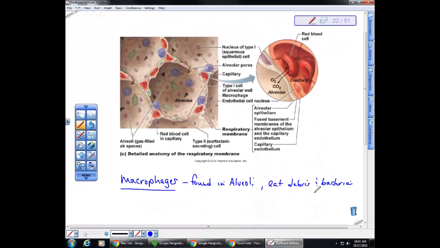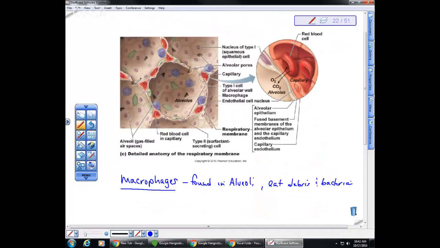Okay. So this diagram, you should be able to identify the macrophages. So these are the large white blood cells that are just patrolling the alveoli and making sure that it is clean. And then here you can see the capillaries are really close in to the alveoli.